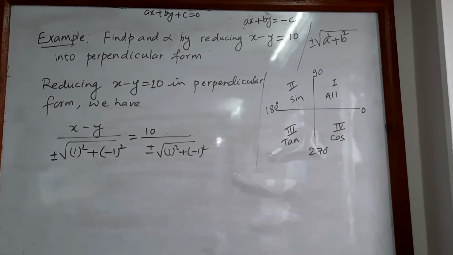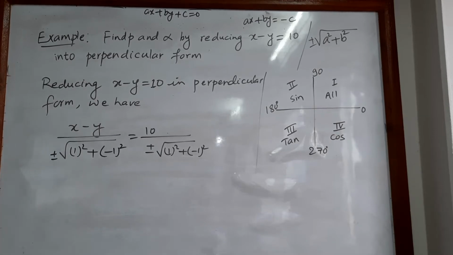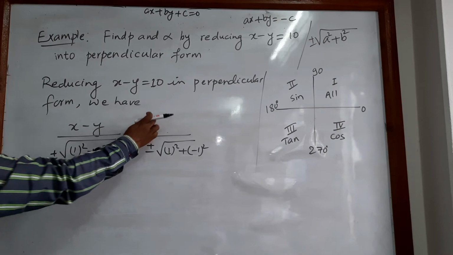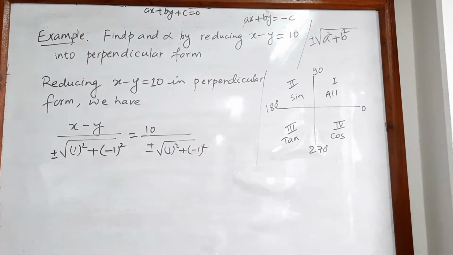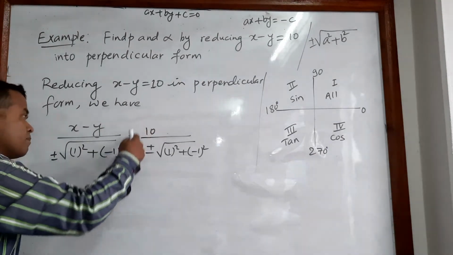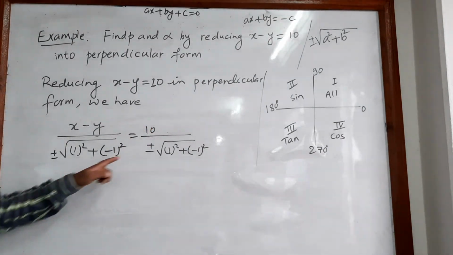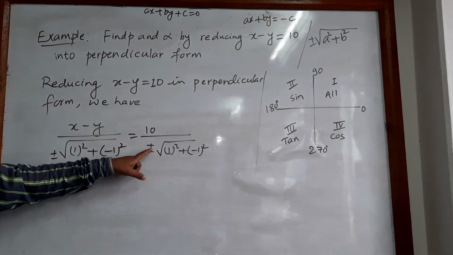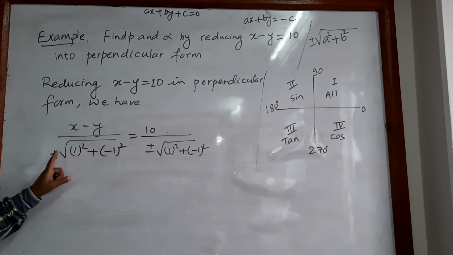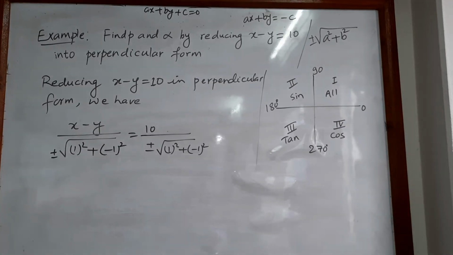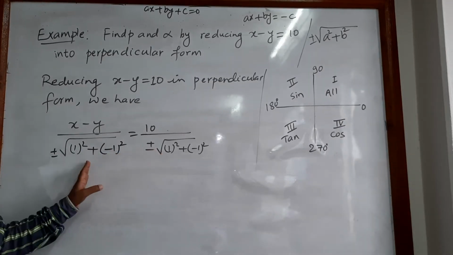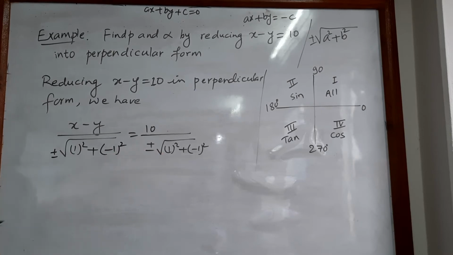And already this 10 is positive, so this gives the length of the perpendicular. To make the length of the perpendicular positive, we need to choose the positive sign. If you choose the positive sign here, the same sign you should choose on the other side, because both sides must be divided by the same quantity, not by a different quantity.